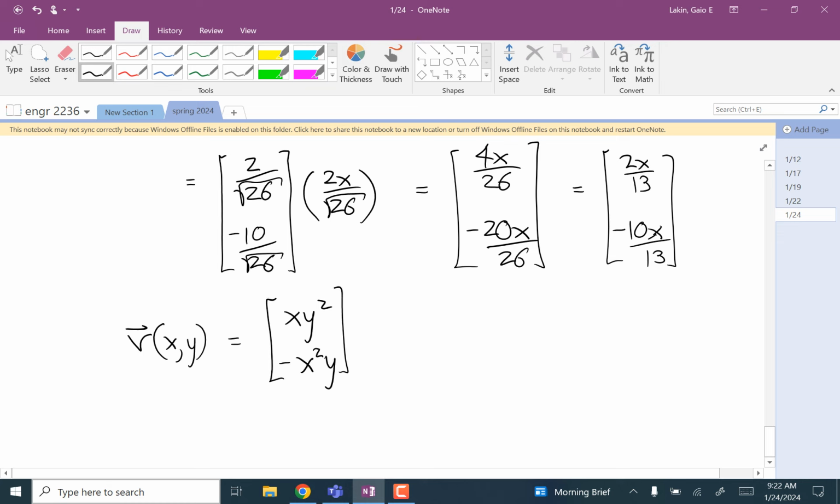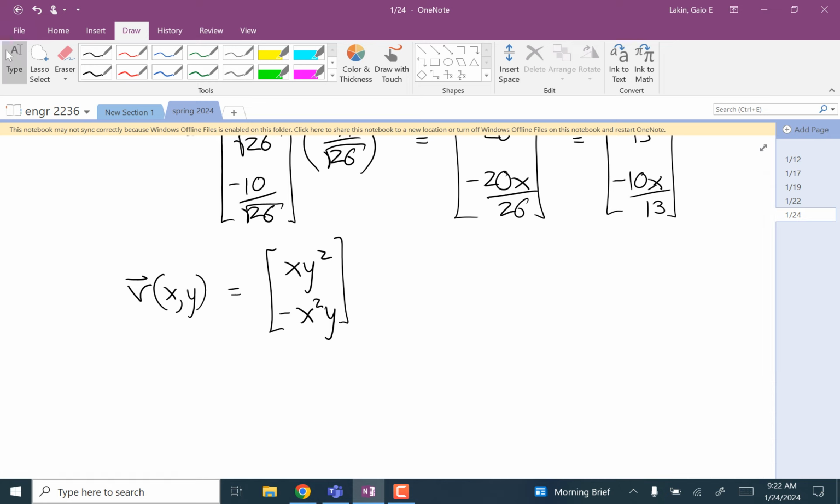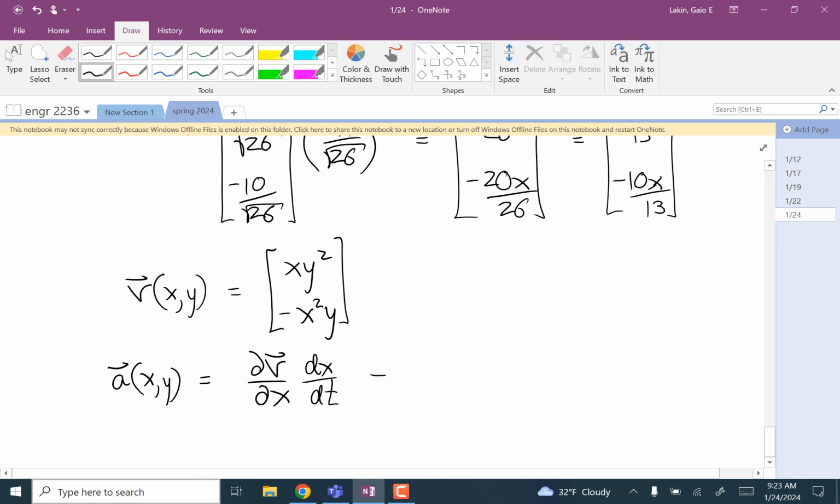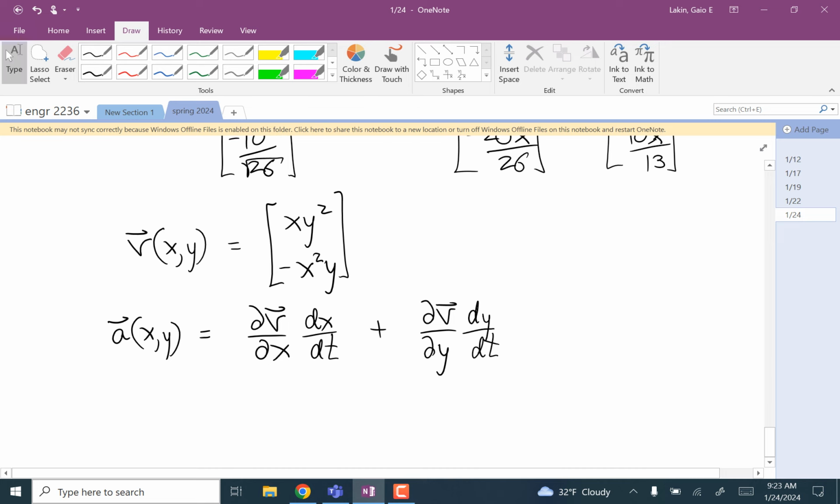The chain rule for multiple independent variables says the acceleration would be equal to the partial of v with respect to x times dx dt plus the partial of v with respect to y times dy dt. dx dt is this, dy dt is this. You can calculate those derivatives, so yes, you could do that.